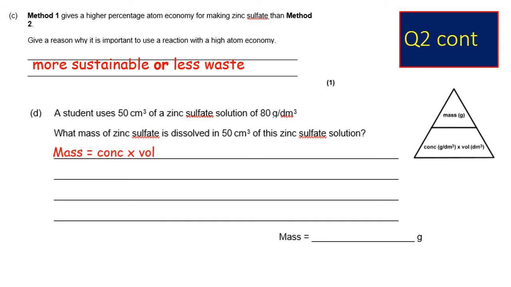We know that mass equals concentration times volume. The mass then equals 80, which is our concentration, times 50 divided by 1000. Whenever we are doing these calculations in chemistry, we need to make sure that our volumes are in decimetre cubed. And we get a mass of 4 grams.